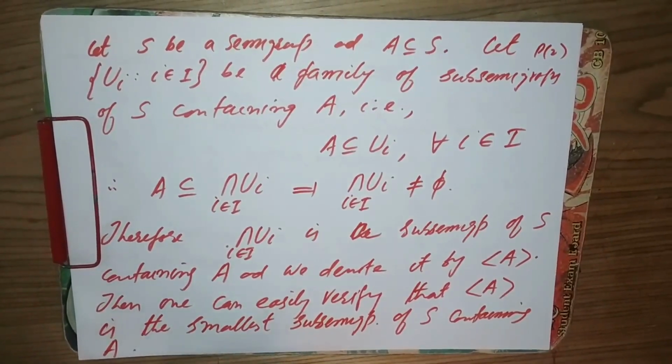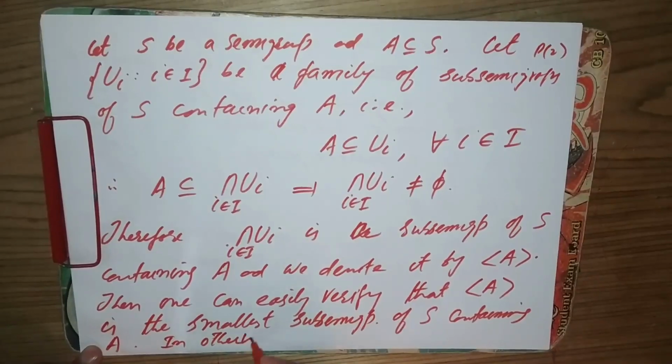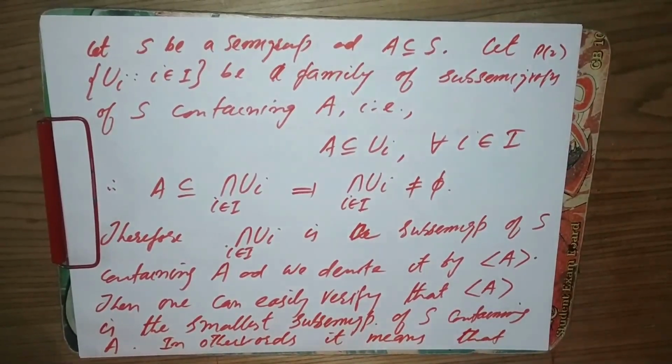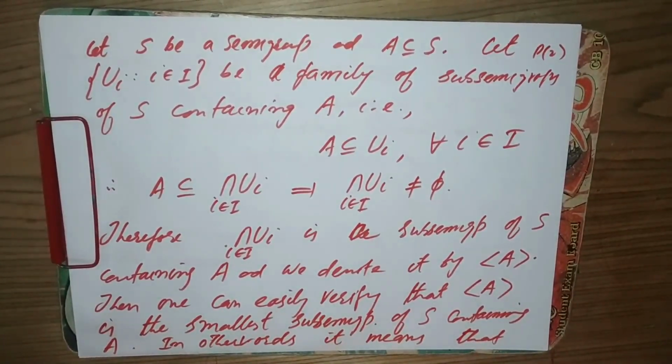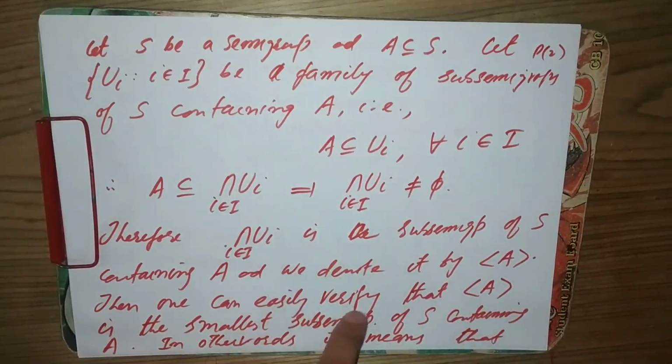So in other words, it means that given any subsemigroup of S containing A, then this subsemigroup, which is the intersection of all subsemigroups of S containing A, is a subset of that subsemigroup.